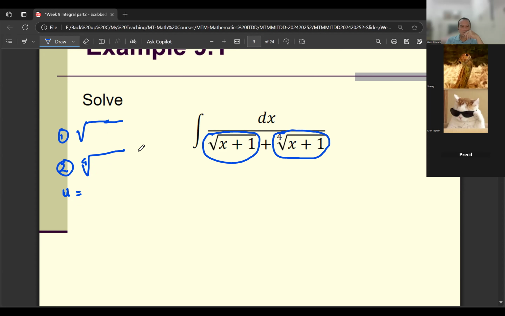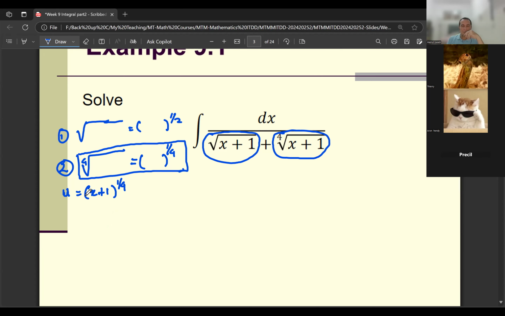In this case, this is the smallest, because the fourth root becomes the 1/4 power of x plus 1, while the square root is the half power. So we choose the smallest power as the substitution. So we have u equal to (x plus 1) to the power 1/4.